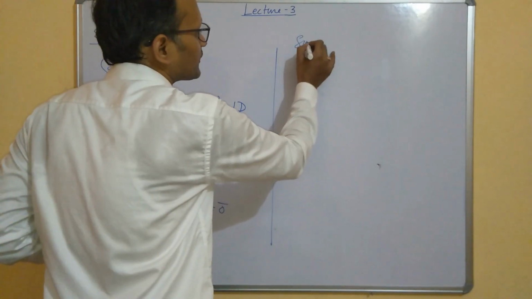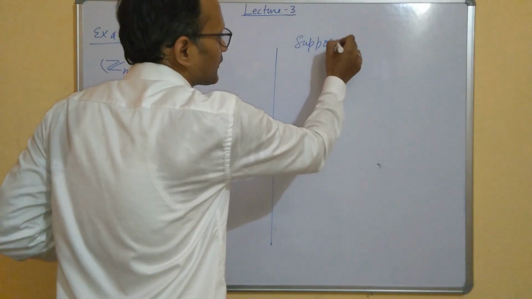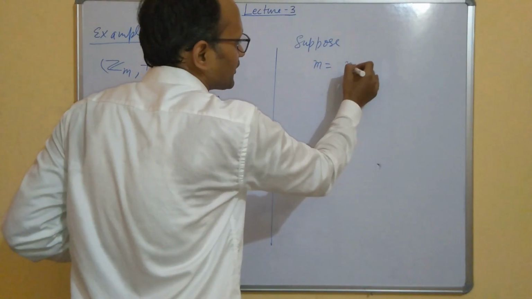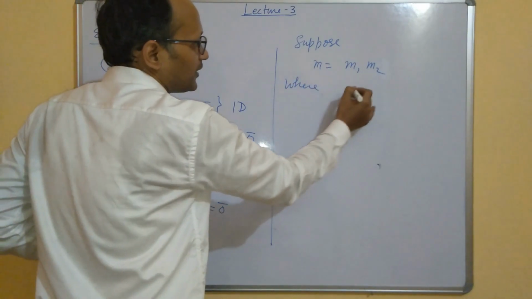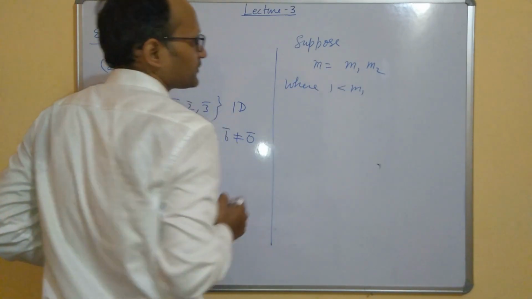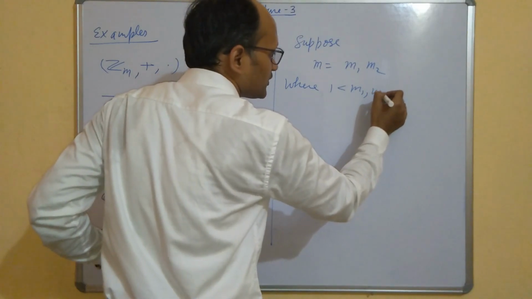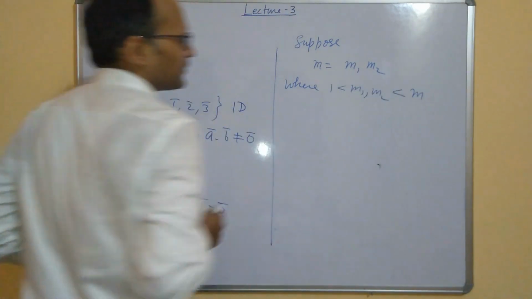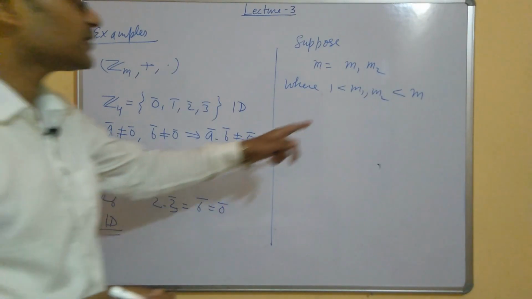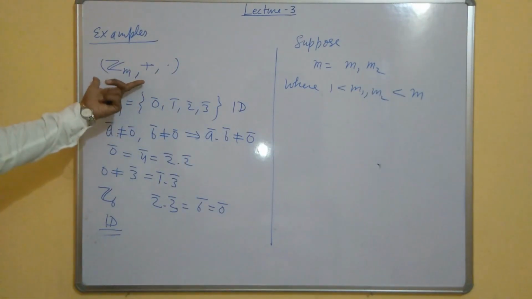Suppose m is a number that can be written as m1 into m2, where m1 is not 1, m2 is also greater than 1 and is also not m, because if it were m then it would become 0 in Zm.